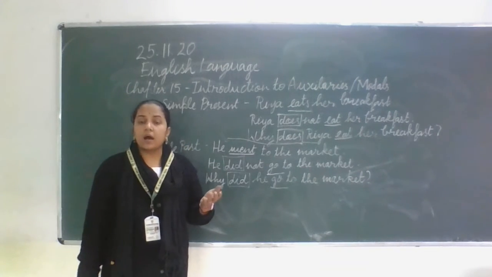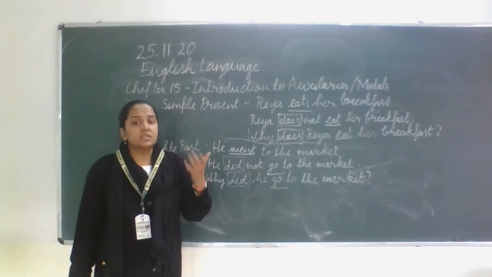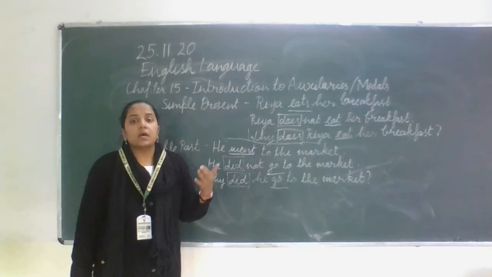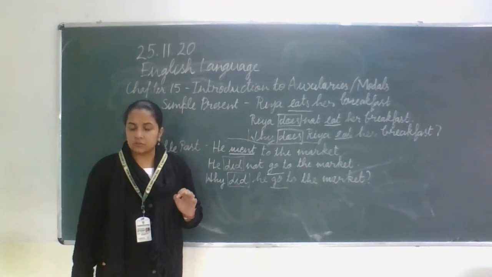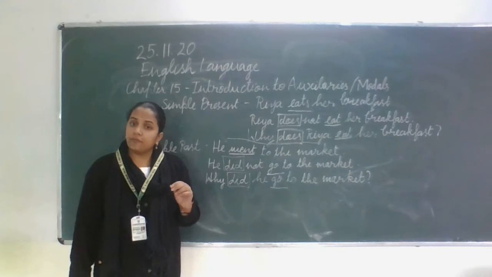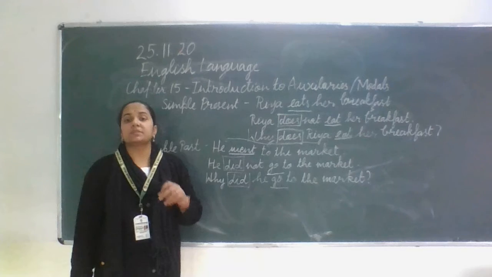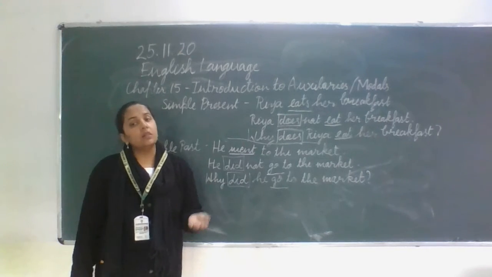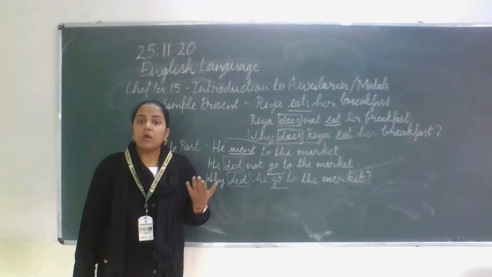Then we use the auxiliary verb for representing different tenses. Suppose is, am, are is used, you know that this is the present tense. If was and were is used, then you know that this represents the past tense. If will or shall is used, then you know that this represents the future tense.